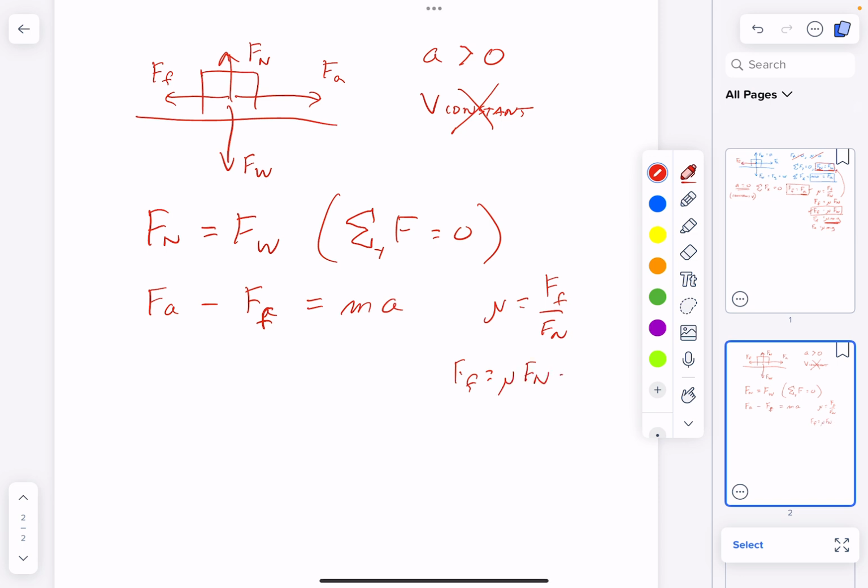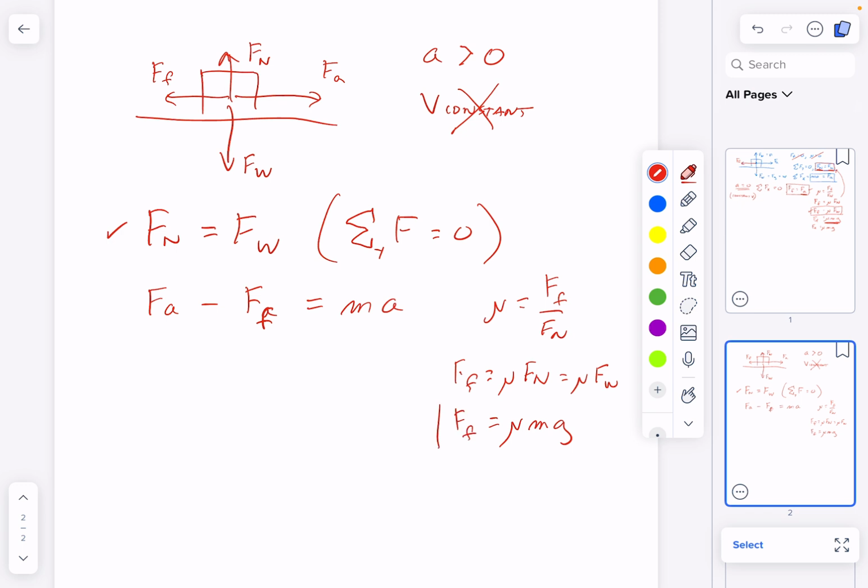And my normal force is again the same thing as F sub W, as it says over here. And so that's mu times F sub W. And of course, the force of weight is mass times gravity.